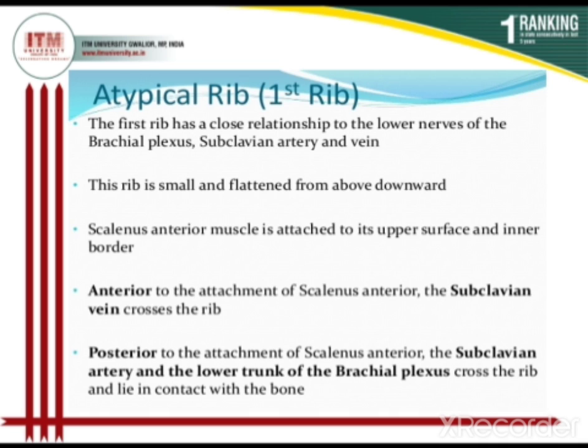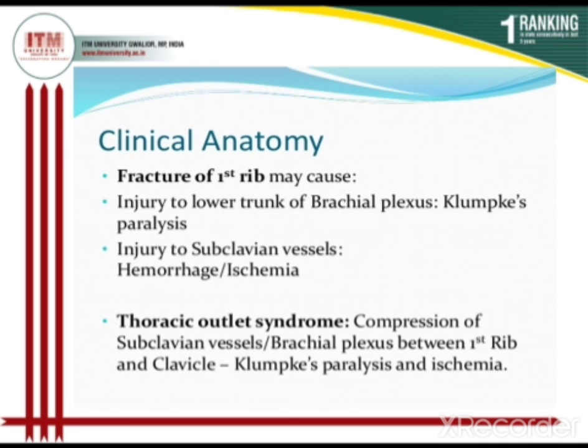Now, clinical anatomy related to the fourth rib: the fracture of the fourth rib, which I was talking about. A fracture of the fourth rib may cause injury to the lower trunk of the brachial plexus, that is Klumpke's paralysis, and injury to the subclavian vessels, causing hemorrhage or ischemia.